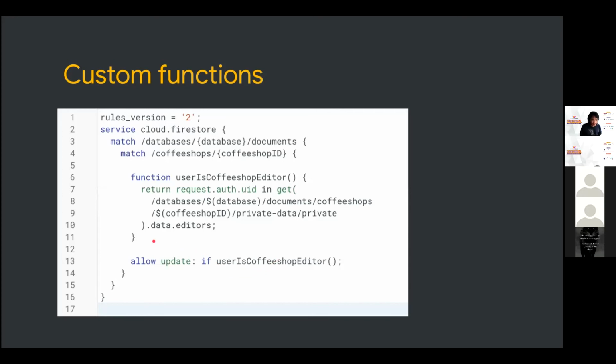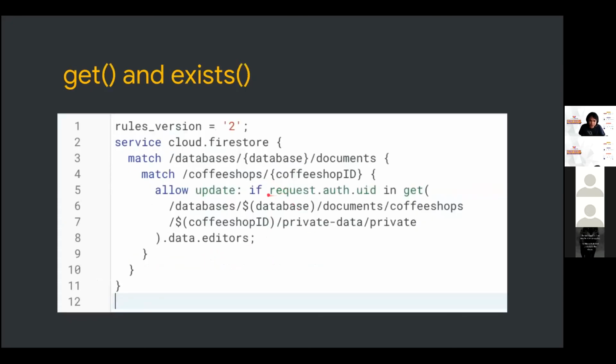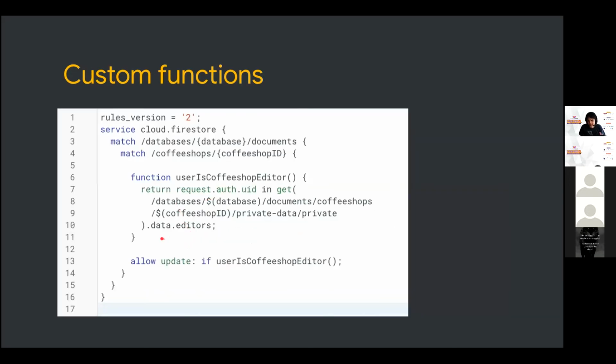Firebase allows us to define custom functions in the security rules that we just call here. So instead of this, where we write our logic directly on the allow update security rule, we can extract that logic into a function. We call it userIsCoffeeShopEditor, then we do the same logic that we did earlier, and in our allow update, we just call our function directly. This serves two purposes.